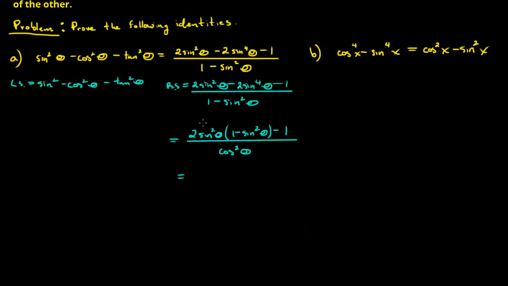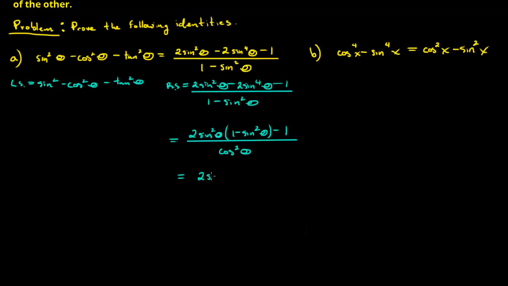The trick with identities is that it's kind of like solving a puzzle. You have to think your way through it and ask yourself, how can I make the left side and the right side equivalent to one another without violating any rules of algebra? In the numerator, I also have another 1 minus sine squared theta, and that's equivalent to cos squared theta.